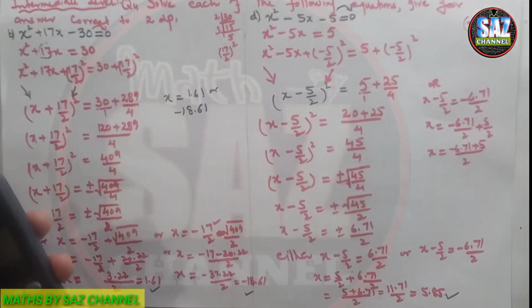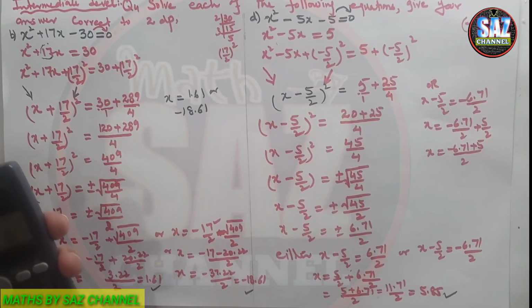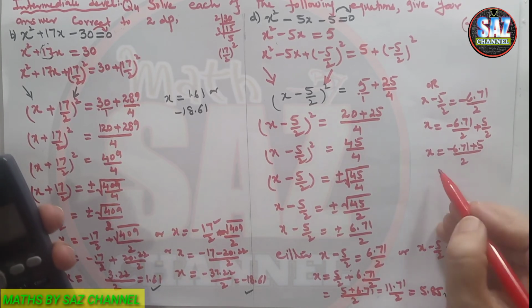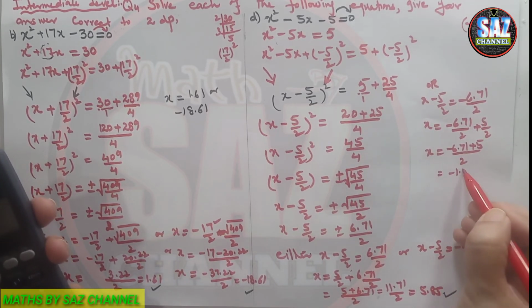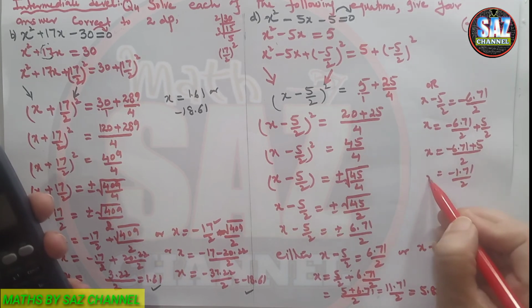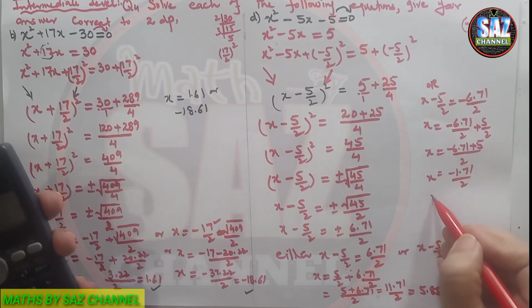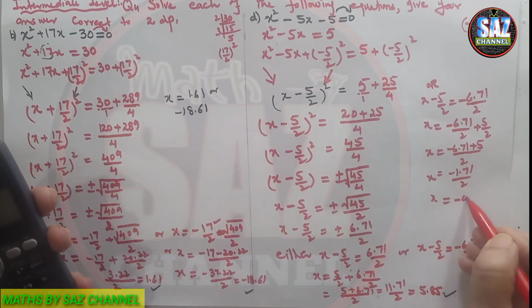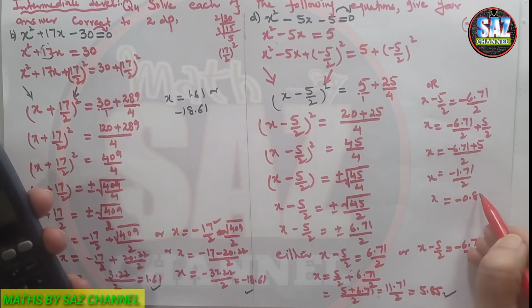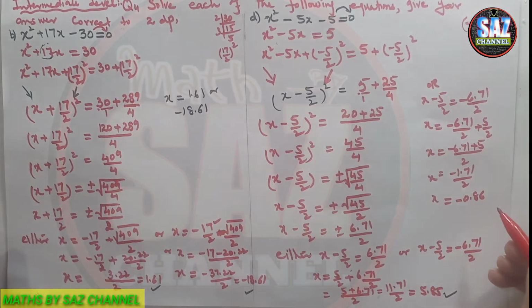Take away 5 from 6.71, 6.71 minus 5 is 1.71, so minus 1.71 by 2. Divide this by 2, and this will give me x equals minus 0.855, and that will be 0.86.